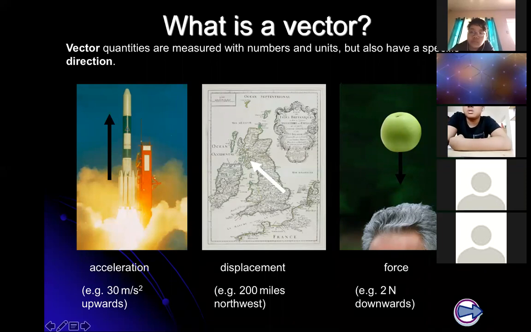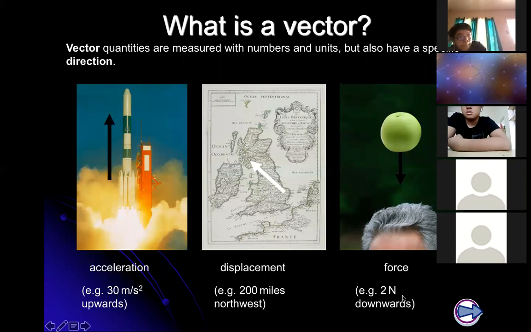And then here on the last picture, we have the idea of force. Force is a vector quantity. So for example here, the force acting on the apple is 2 newtons. And of course, because gravity is acting on this apple, the direction of the movement of the apple is going downwards.